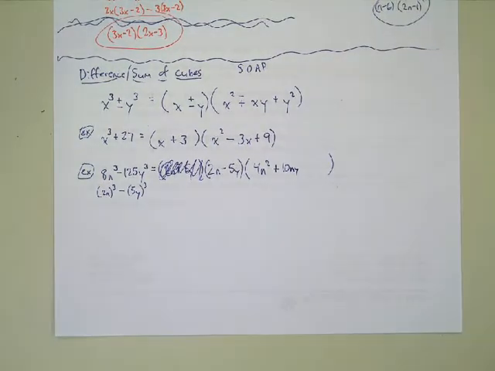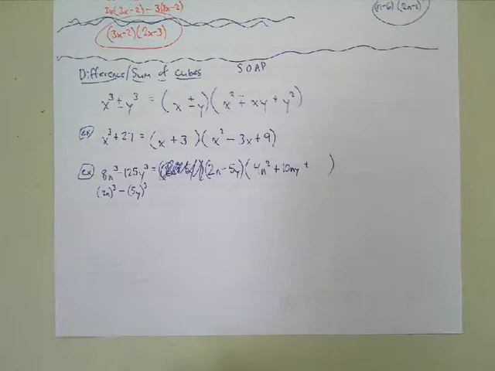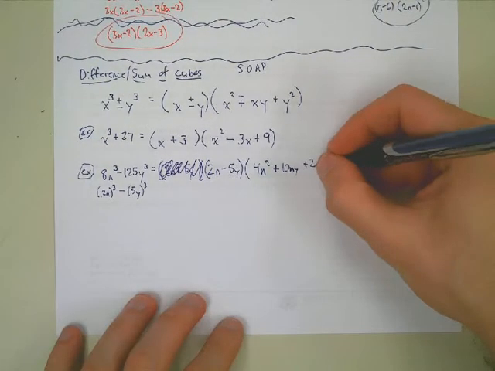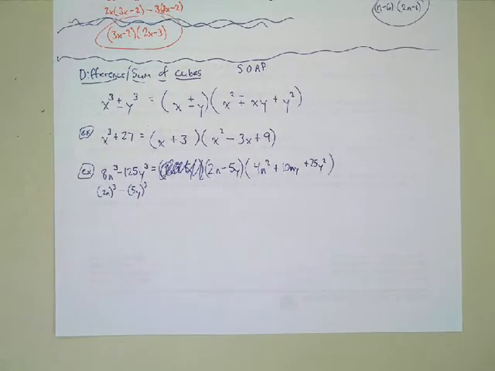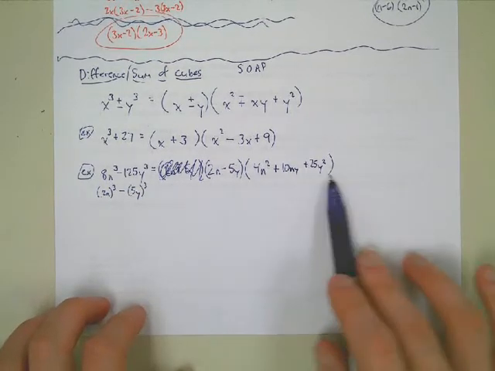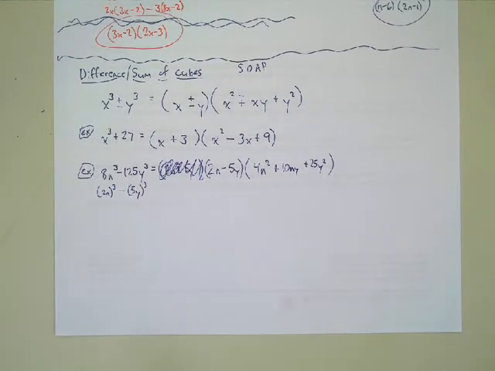Plus, and then y squared will be 25y squared. There it is. That is it factored. I don't think this second one will ever factor. No, I don't think it ever factors.